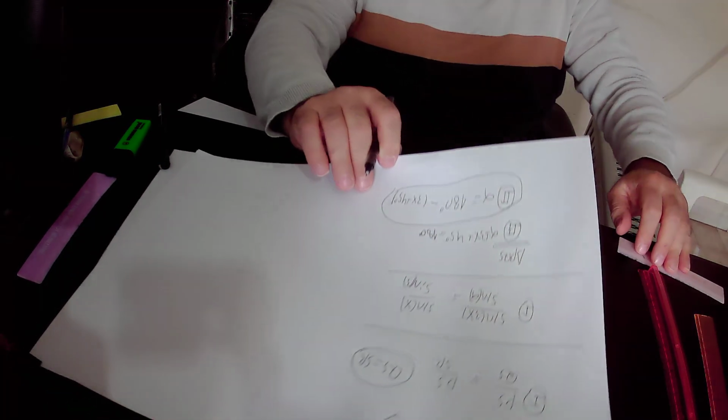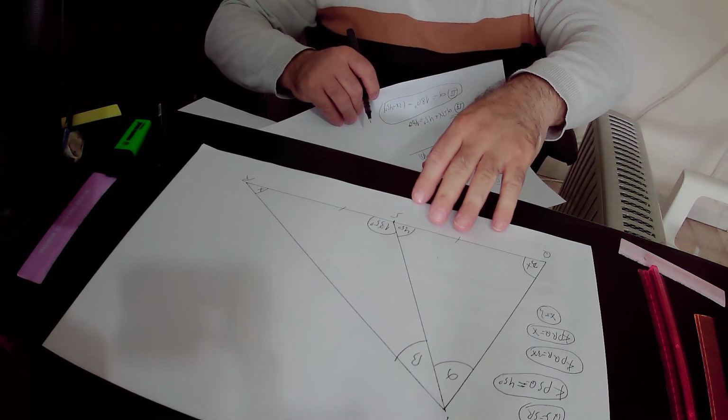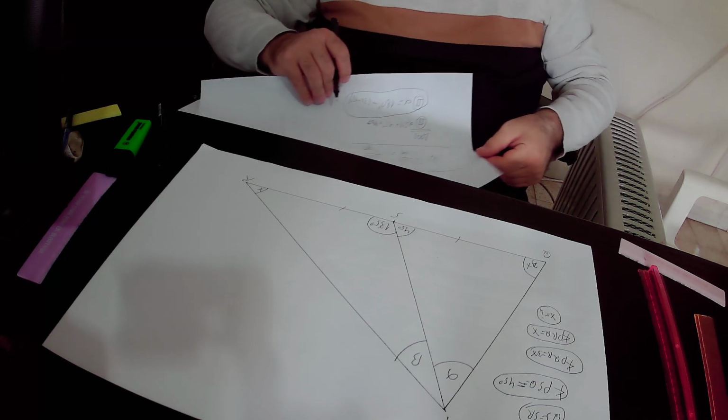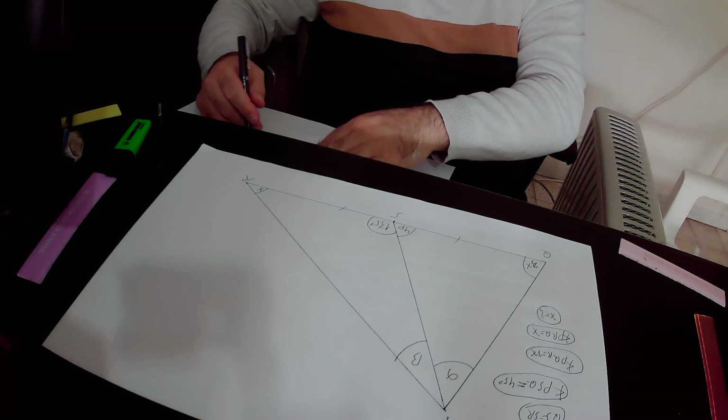Likewise, if we focus on triangle PSR, you know that the sum of the angles in triangle PSR is equal to 180 degrees.